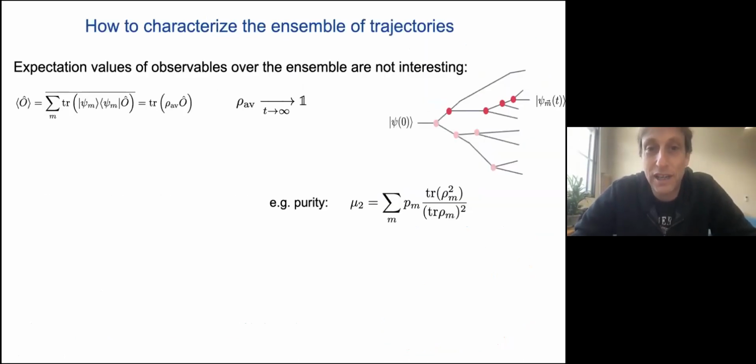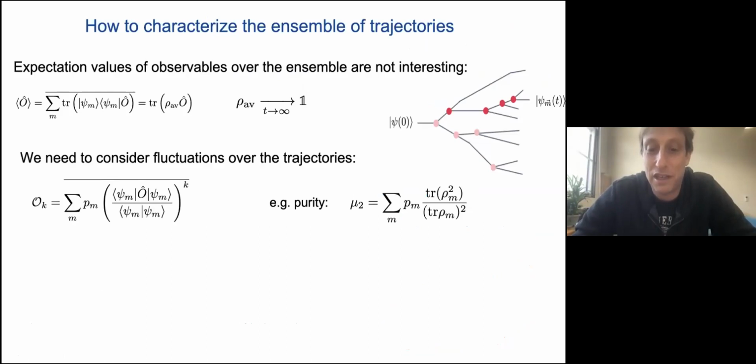So before getting into that, I want to talk about something related to what Joachim asked me a minute ago, which is how to characterize the ensemble of trajectories. So the usual way we characterize the quantum state is to take the expectation value of an observable.